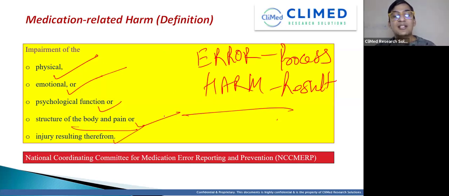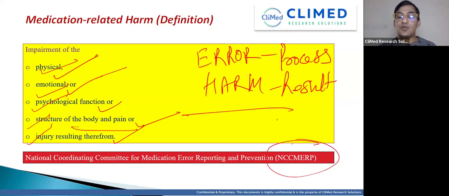Injury resulting therefrom, like gangrene, where you have to amputate, or there are multiple things which happen due to drugs. So there is impairment of either your physical, emotional or psychological functions or structure of the body, or injury resulting therefrom. Okay, so there could be multiple types of harms. This is also given by NCC MERP, the National Coordinating Committee for Medication Errors Reporting and Prevention.